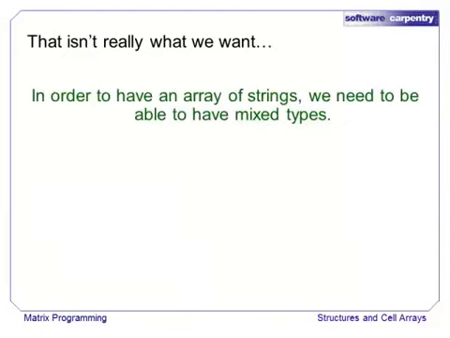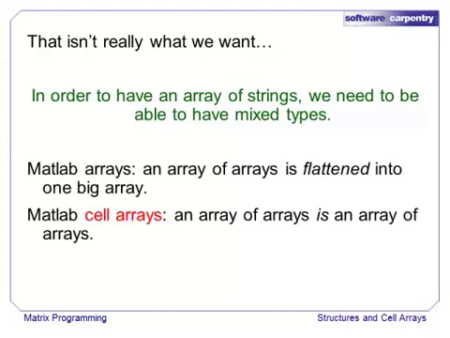And it all comes back to the fact that arrays can contain only simple types like numbers or characters. In order to have a true array of strings, we need an array of arrays. MATLAB has a special kind of array called a cell array that can hold complex types. This means that an array can hold other arrays rather than copying the contents of each array into a larger structure.